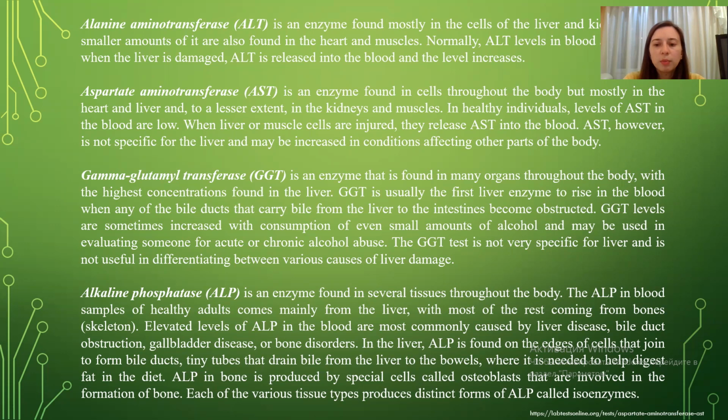In the liver, ALP is found on the edges of the cells that join to form bile ducts, tiny tubes that drain bile from the liver to the bowels, where it is needed to help digest fat in the diet. ALP in bone is produced by special cells called osteoblasts that are involved in the formation of bone. Each of the various tissue types produces a distinct form of ALP called isoenzymes.